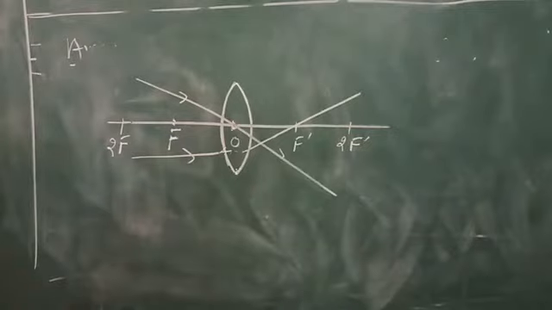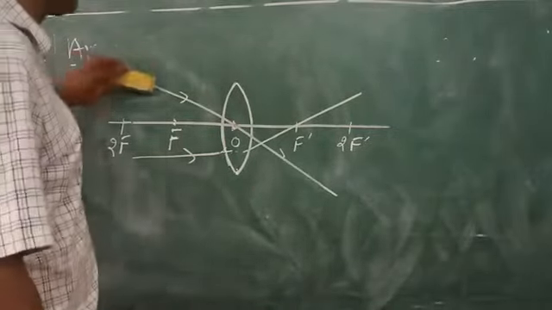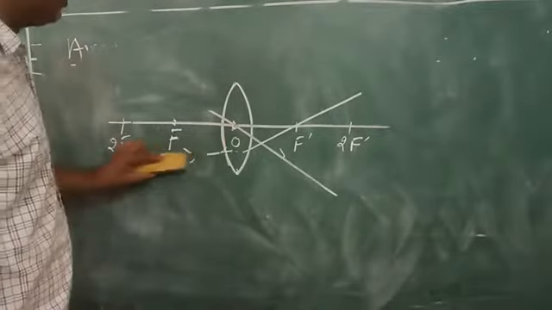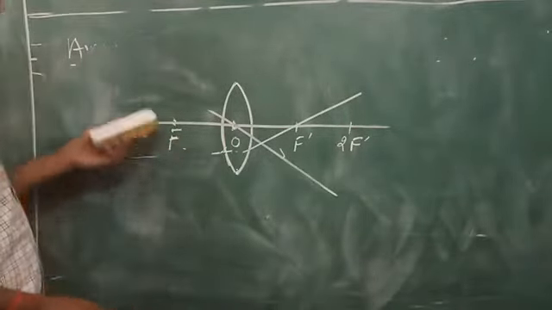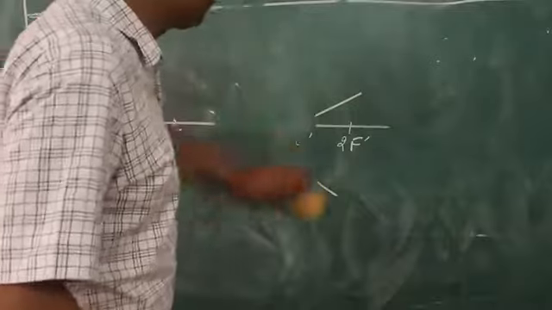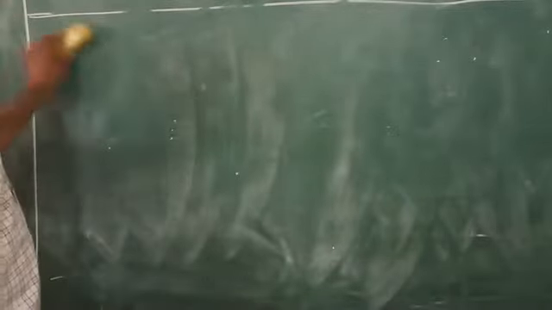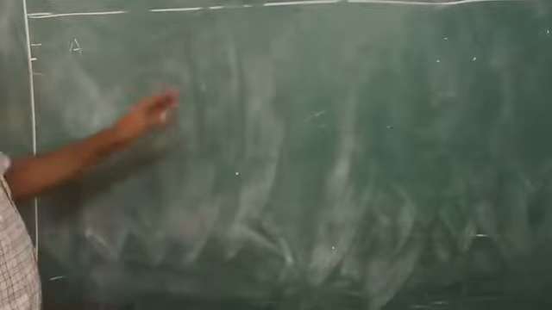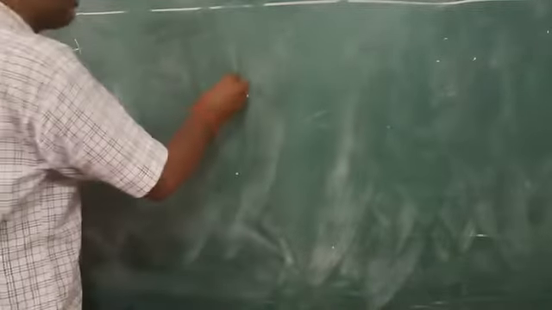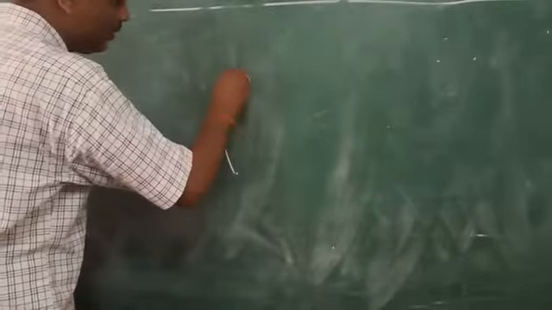This is the nature of the ray of light passing through the convex lens. And now we will study the formation of the image by a convex lens.